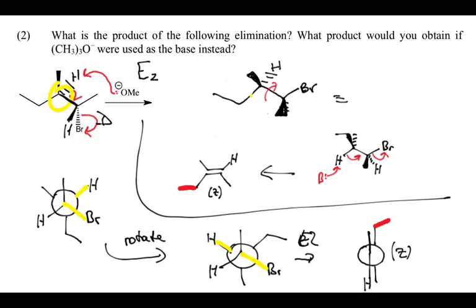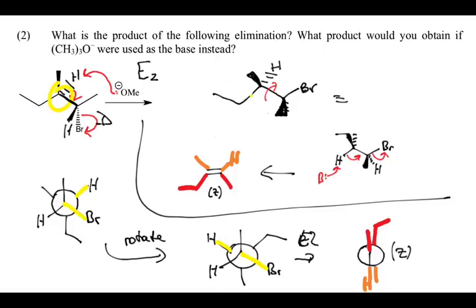That's the ethyl. And the methyl is here in red. So that's this methyl. And you see they're on the same side. And on the other side, in orange here, we have the methyl and the hydrogen. And that's the hydrogen and the methyl over here. Does it make sense?